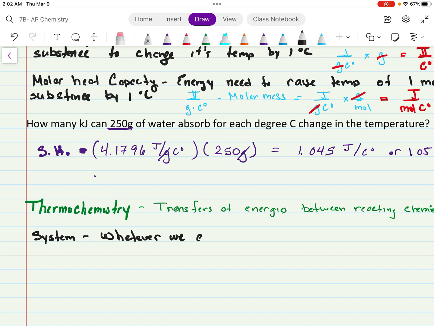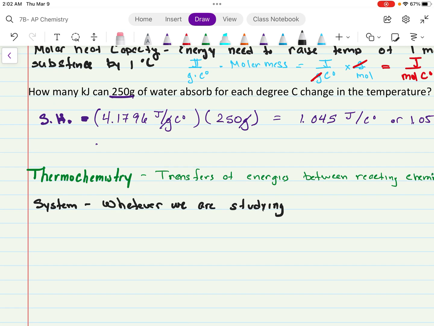Whether that's a chemical reaction happening in a flask, or the energy transfer happening inside of a battery, the system is specifically what we're studying.